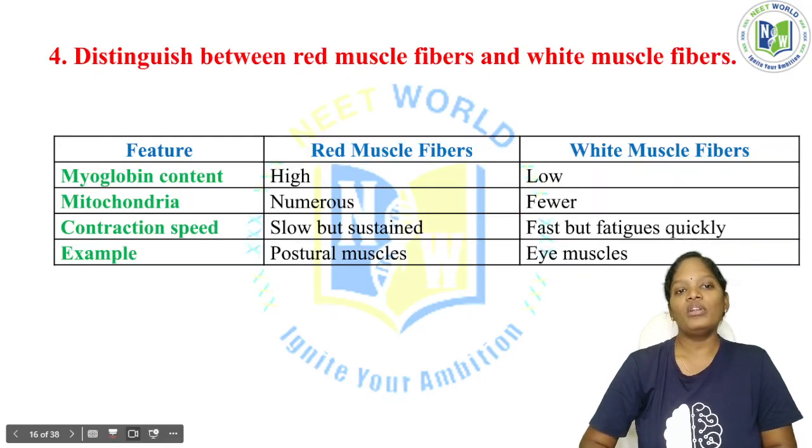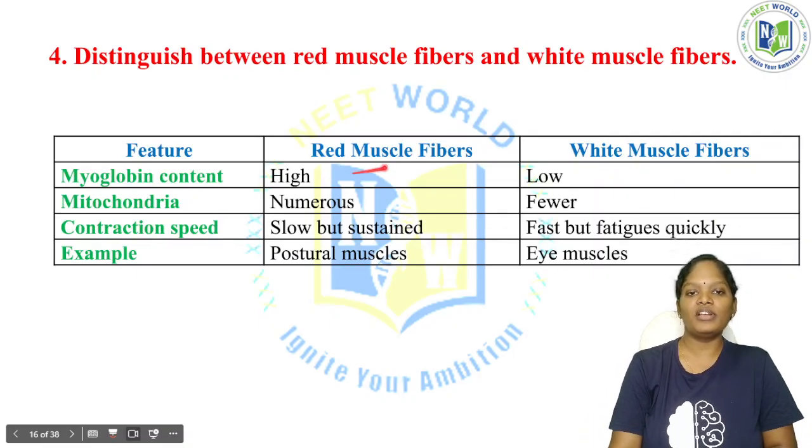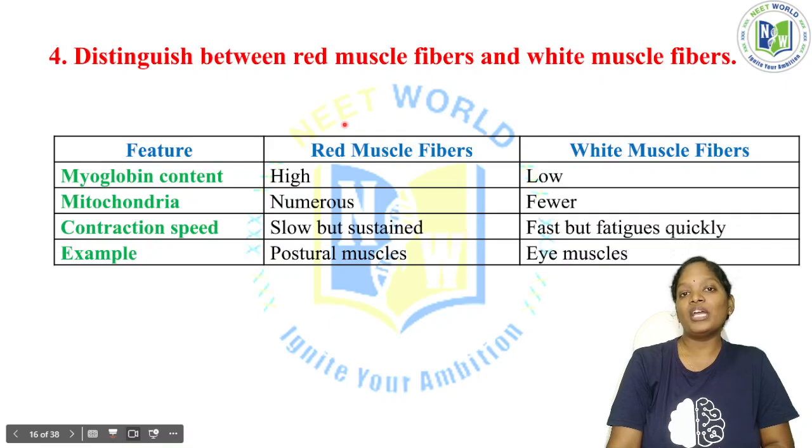Okay, now what will be the difference between the red muscle fibers and white muscle fibers? Based on the texture, we can categorize the muscle fibers into two. Okay, what will be the myoglobin content?